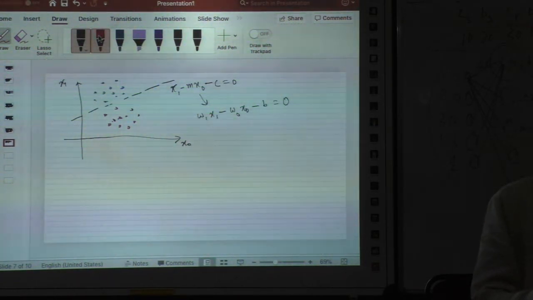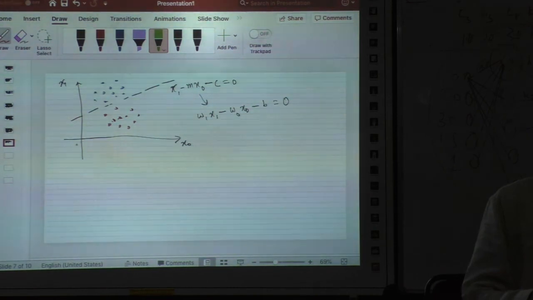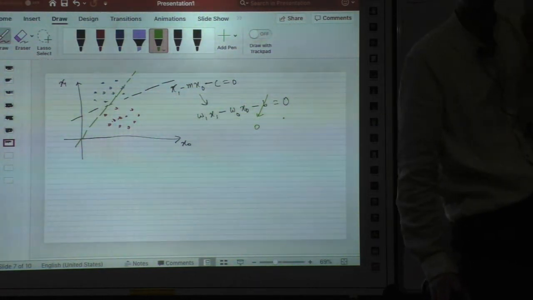The line can never leave the origin. In that case, my line will be confined to something like this. I cannot draw a line which does not pass through the origin if I take b to be 0. Is it clear now why we use bias?